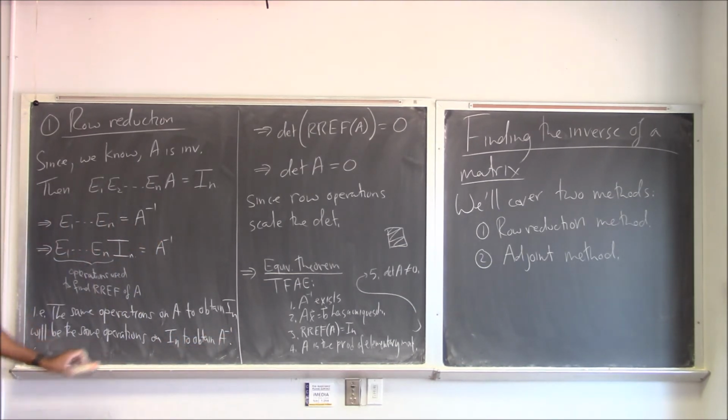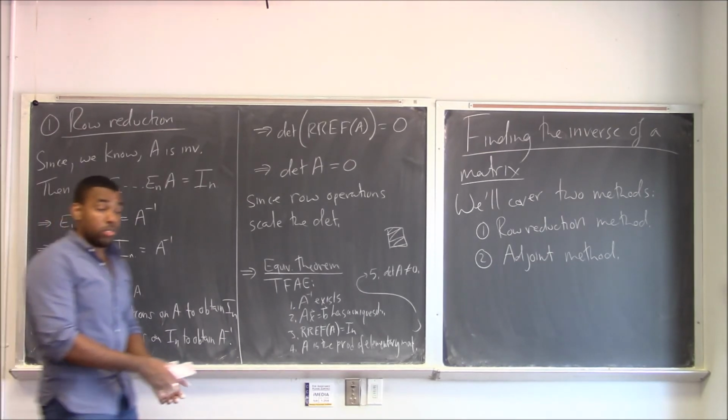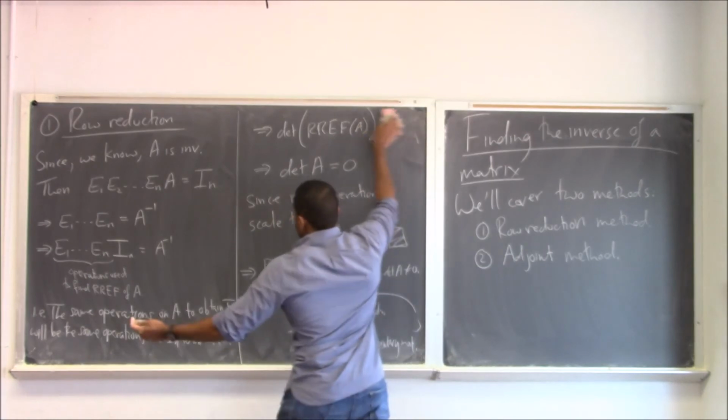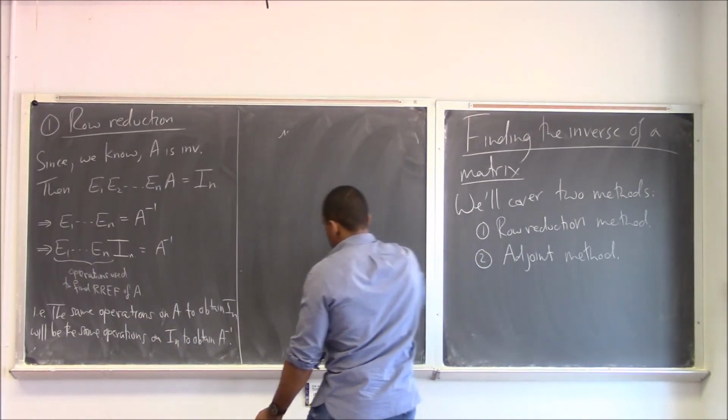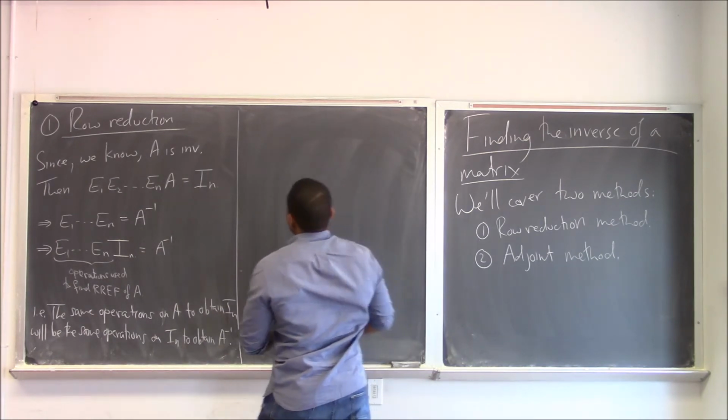So figure out what I did with A to find this reduced echelon form, do the exact same thing to the identity matrix, and that will give me the inverse. That leads us to the method, which I'm going to describe in a nutshell.